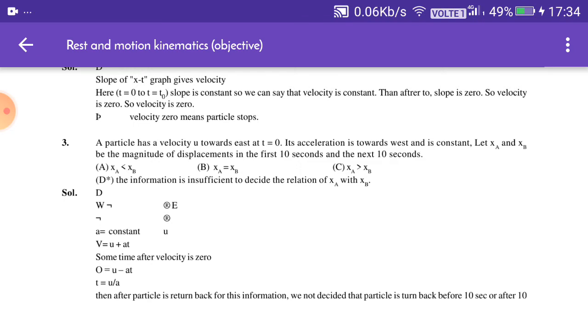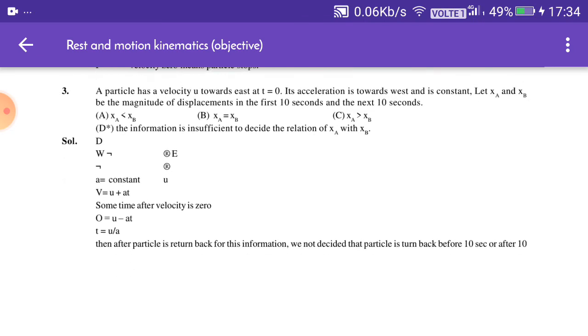Here acceleration is constant, so velocity v is equal to u plus at. When the velocity is 0, 0 is equal to u minus at, so the time is u by a. After that the particle returns back, but for this information we cannot decide that.